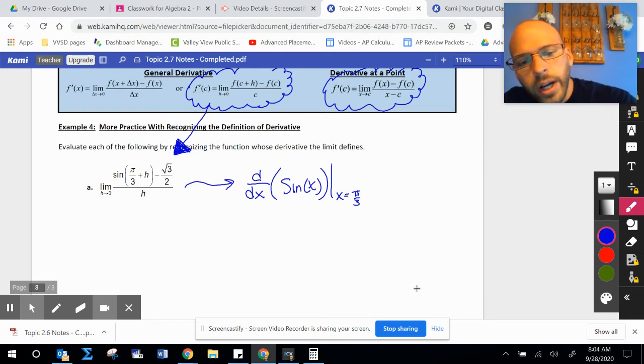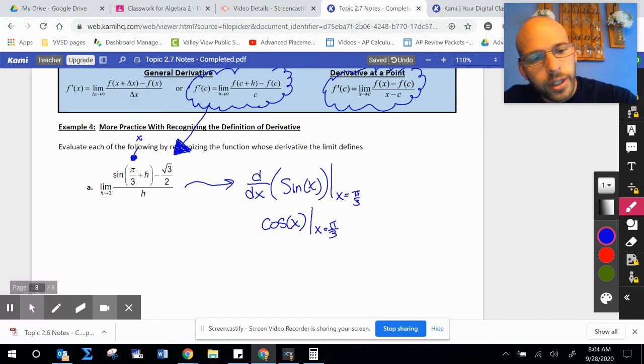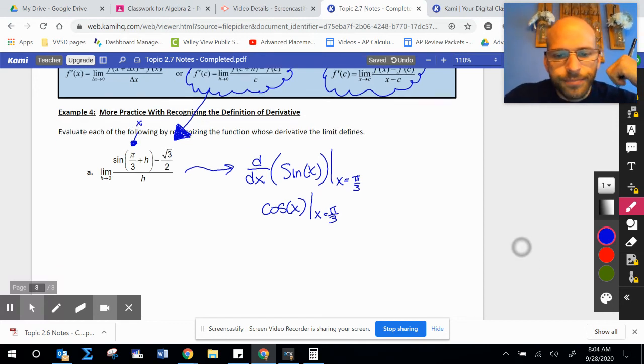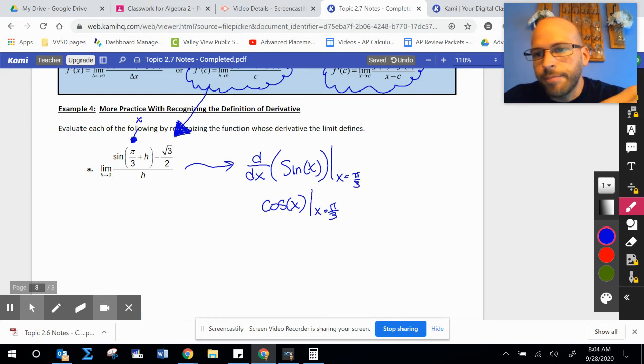Okay, so the derivative of sine is cosine, and then I want to evaluate that at pi over 3, because again, my x value was pi over 3, all right? And what is the cosine of pi over 3?